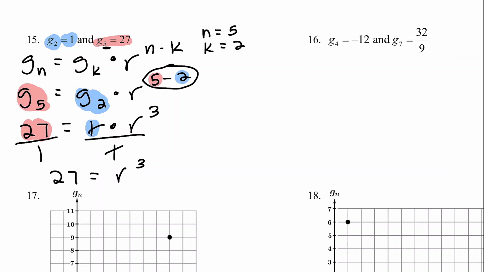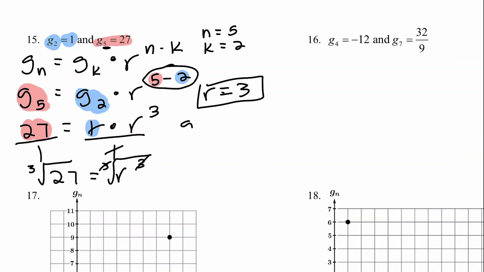If I want to get rid of an exponent, how do I get rid of an exponent? I have to take a cube root, so a little 3 root. So that gets rid of the 3, if you remember doing that. And you would get R is equal to, again, 27 is 3 times 3 times 3. So you have 3 3's. So R would be 3.